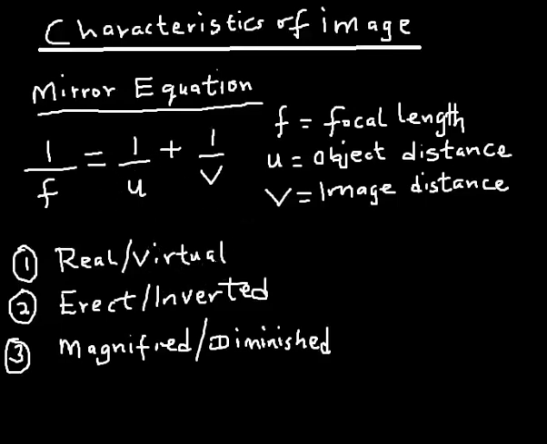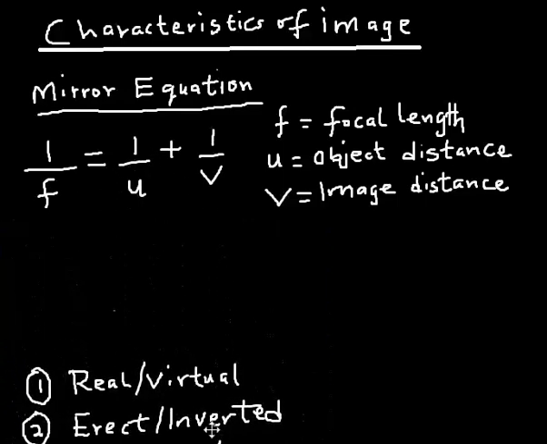Now, what you should understand is that this formula that we have here has a plus because the image is real. In a situation where the image is virtual, a virtual image will always have a negative sign.